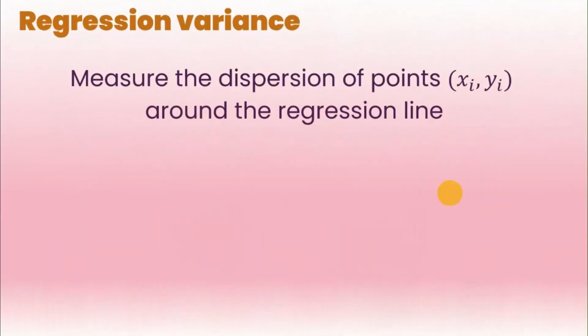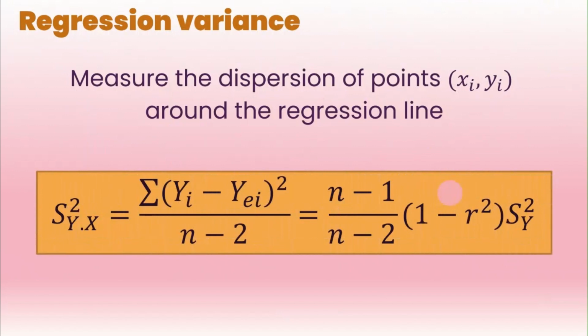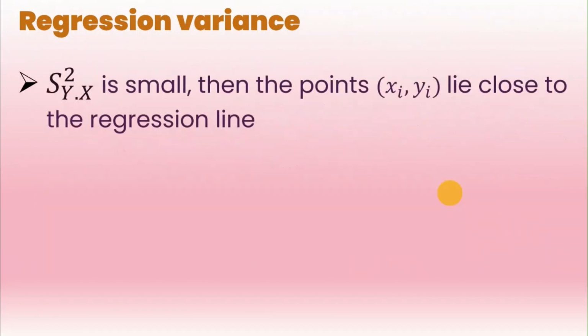Next is regression variation. It measures the dispersion of points xi and yi around the regression line. This is the formula of it. If the square of the regression variation is small, then the points xi, yi lie close to the regression line.